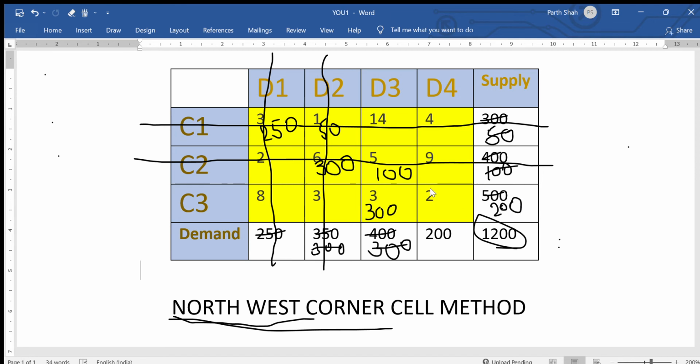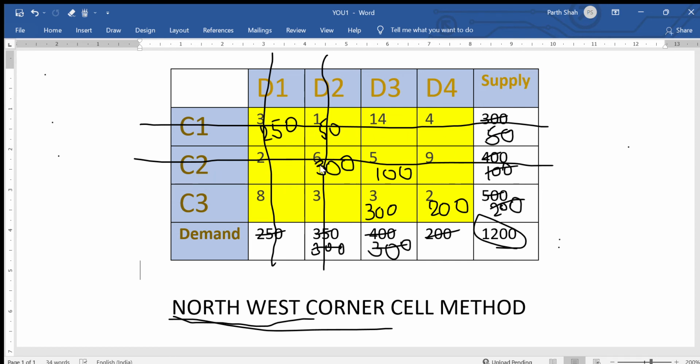Now guys, you can see that only one cell is remaining, and the demand of D4 and the supply of company 3 are both 200, so it is exhausted completely. The demand of 200 is fulfilled by the supply of 200. You can also cross-verify by adding all the demands in each column and all the supplies in each row. For company 1, 250 plus 50 is 300.